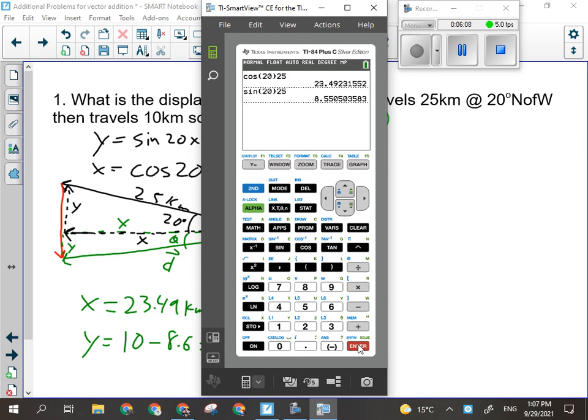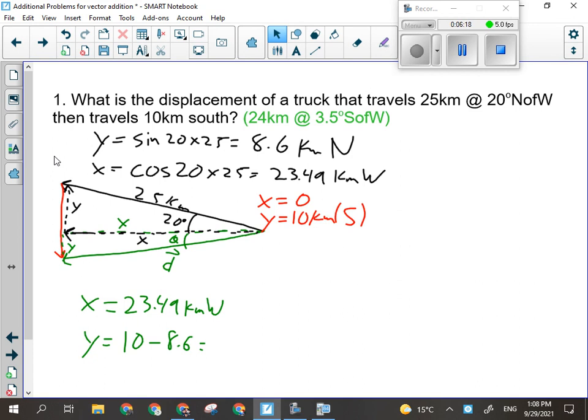Right, so we end up only 1.449, so 1.45 kilometers south. Okay, so now I've got green y and green x, so I know two sides of my resultant's triangle.